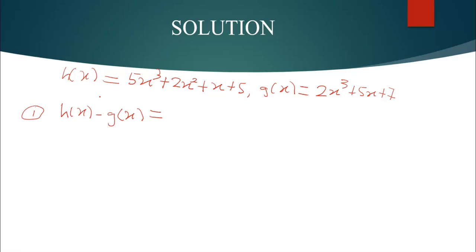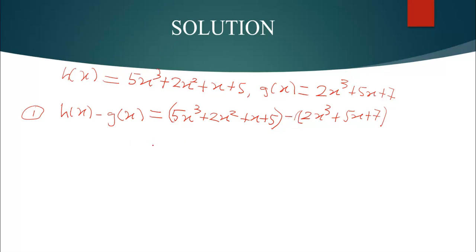So we are to subtract g of x from h of x. This is how you have to start it. We have h of x minus g of x.